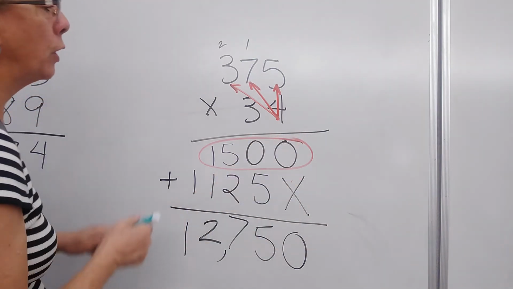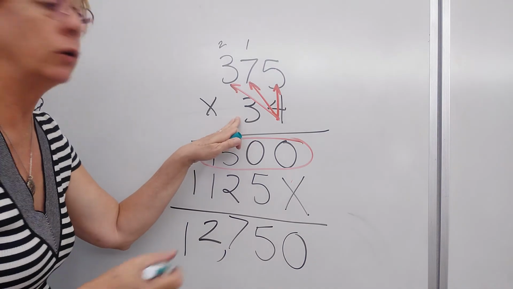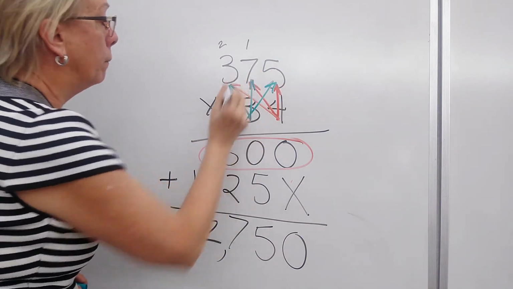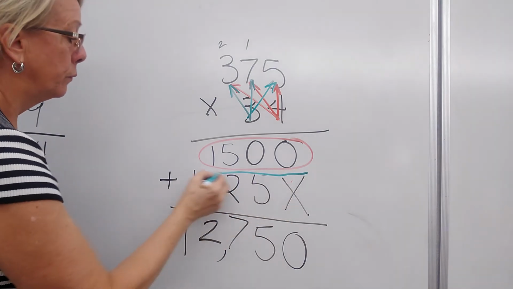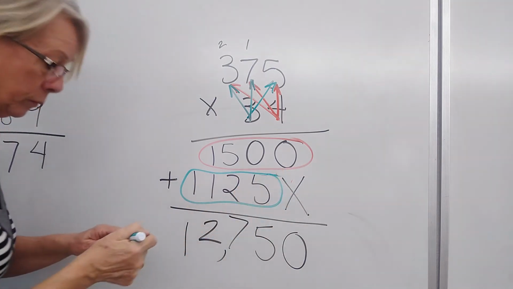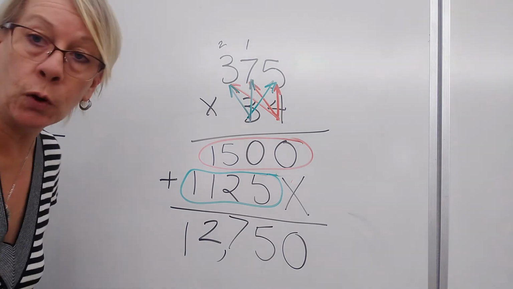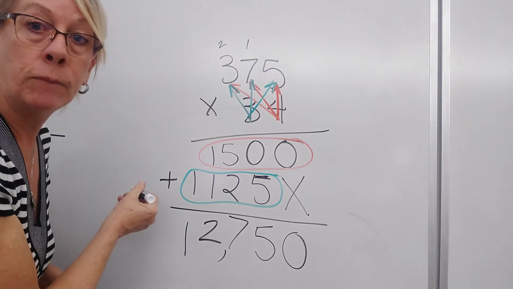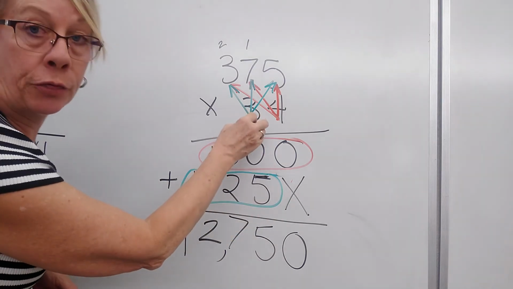And then you start multiplying by this other one right here. That. And that gives you this number.